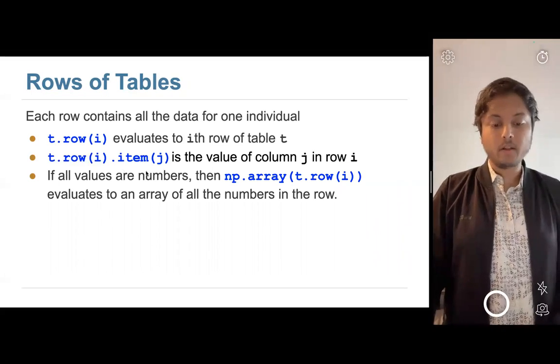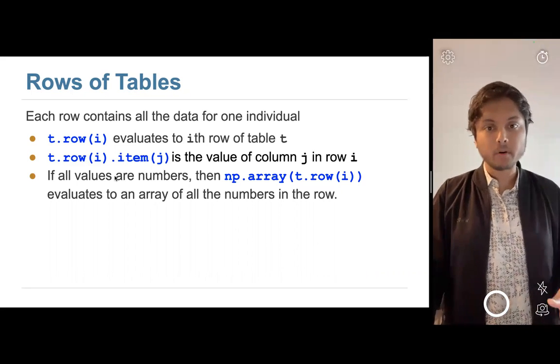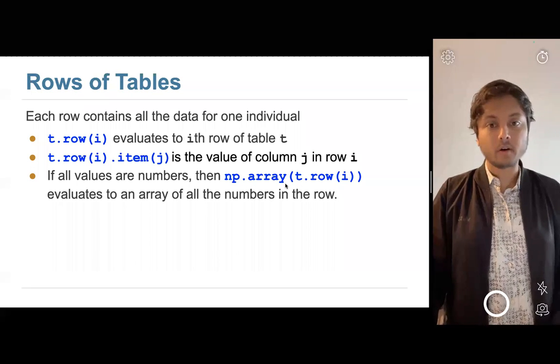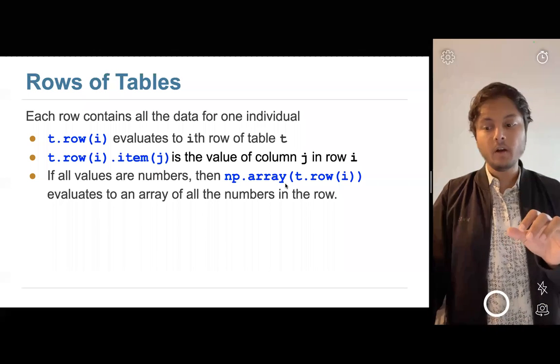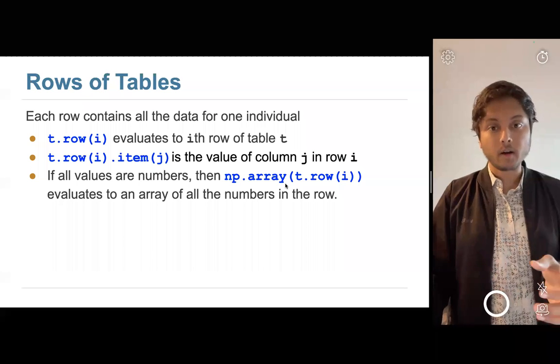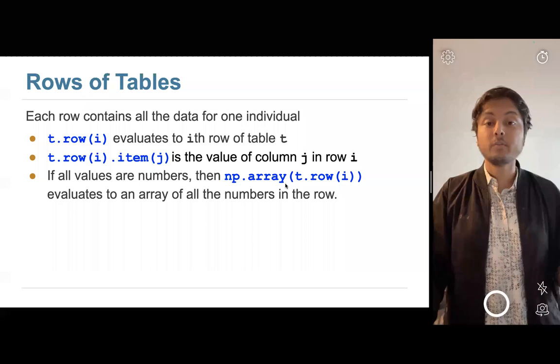And then the other nice thing is if all the values of your row are numbers, then if you just pass the entire row into np.array, it converts it into an array of numbers. So that's what we just did with that distance function. We had the distance function, and then we created that row distance, which converted each row into an array. The reason we could do that is because all of the attributes were numerical.